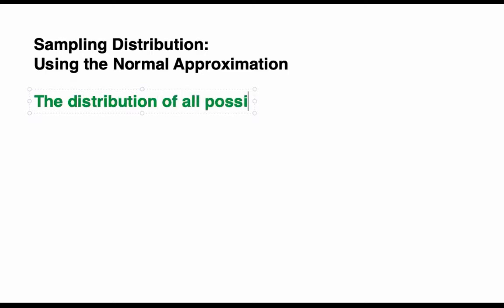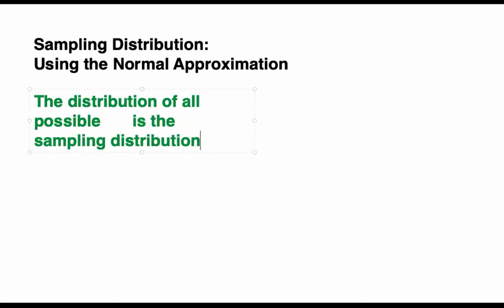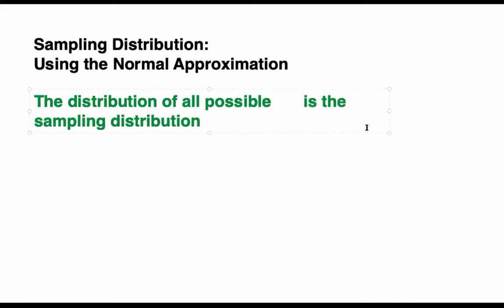So what we're going to see is we can actually take advantage of the normal approximation for this particular distribution. In particular, the distribution of all possible p hats is the sampling distribution.